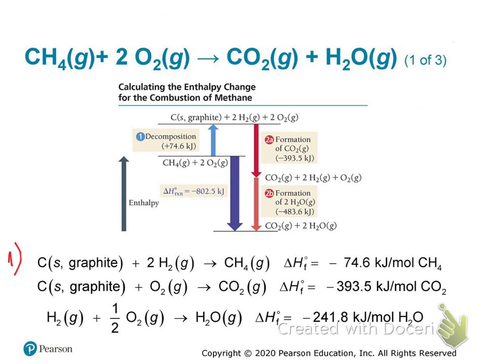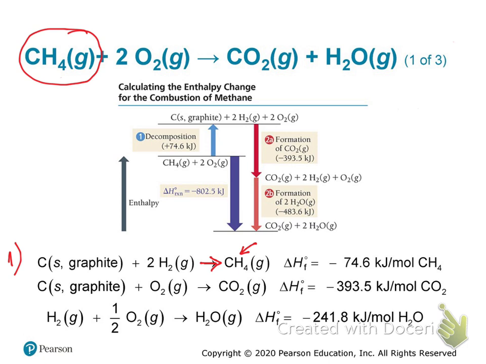Moreover, I noticed that the first equation contains a molecule that I need. It contains CH4, but the CH4 appears as a product, and I want CH4 as a reactant. What is my conclusion upon this observation?